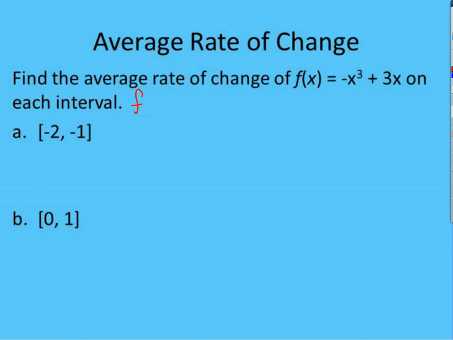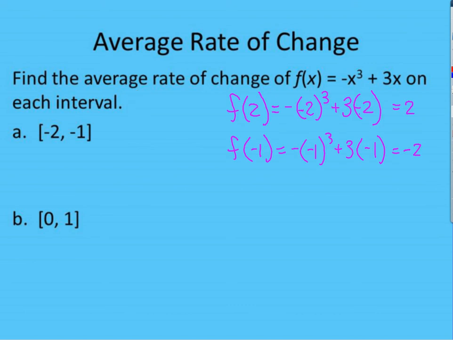So if we plug in our value of negative 2 for f of x, we're going to get a y value of 2. And if you plug in your x value of negative 1, we get a y value of negative 2. So our coordinates are negative 2, positive 2, and negative 1, negative 2.